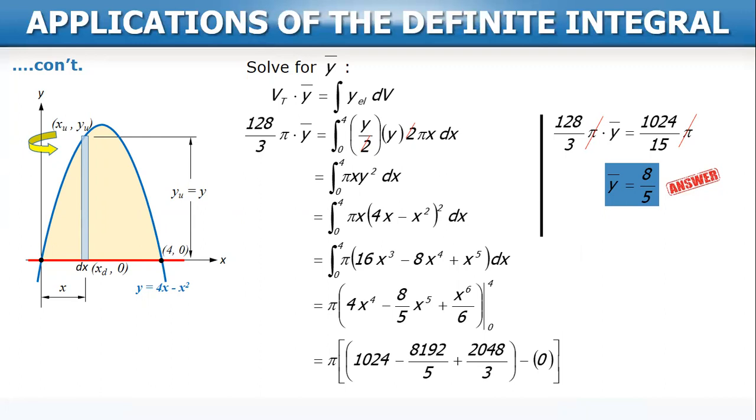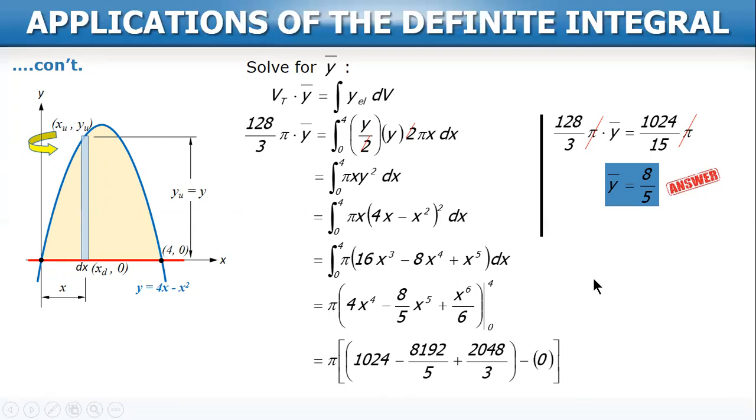But then again, sa centroid sa solid of revolution, you will only solve for one coordinate. The other coordinates you can determine directly. So to recap, if the axis of revolution is horizontal, you will only solve for x bar.